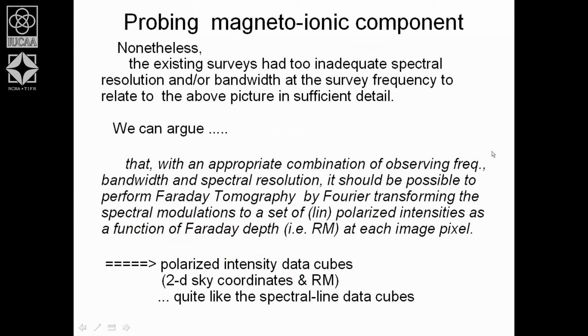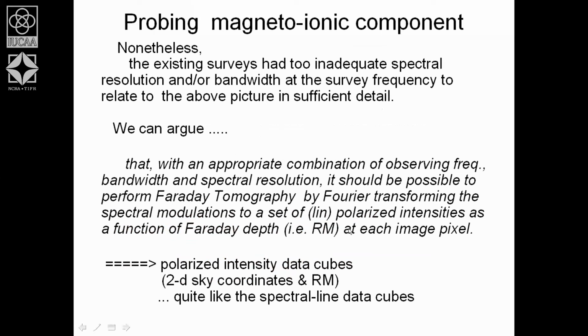With appropriate combination of observing frequencies, bandwidths and spectral resolution, it should be possible to perform Faraday tomography by simply Fourier transforming the spectral modulation of the observed spectrum into a set of linearly polarized intensities as a function of Faraday depth.